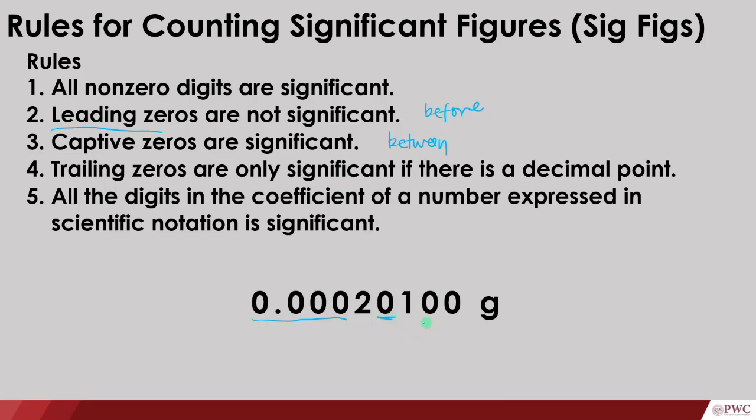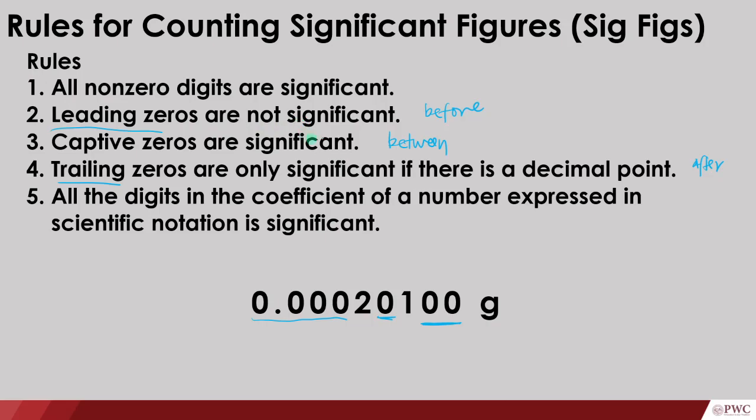And then we have zeros after all the non-zero digits. These zeros after are trailing zeros. Again, zeros before are leading zeros, between are captive zeros, and zeros after are trailing zeros.